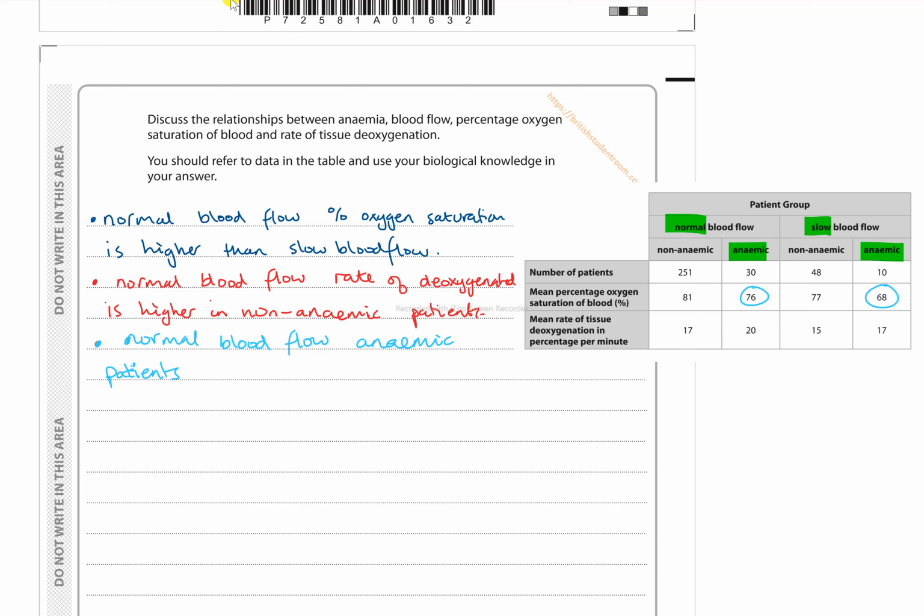Normal blood flow anemic patients have a higher percentage blood oxygen saturation, I'm writing those all in the wrong order, compared to slow blood flow anemic patients. Right, okay.